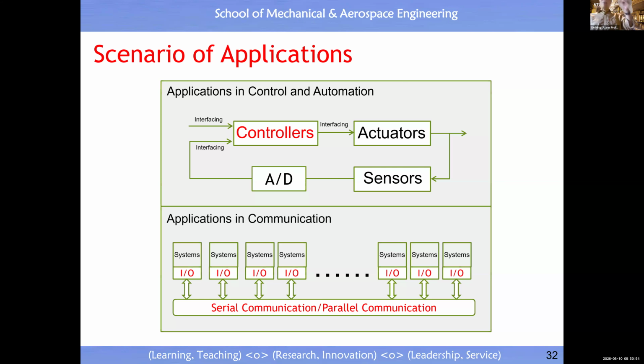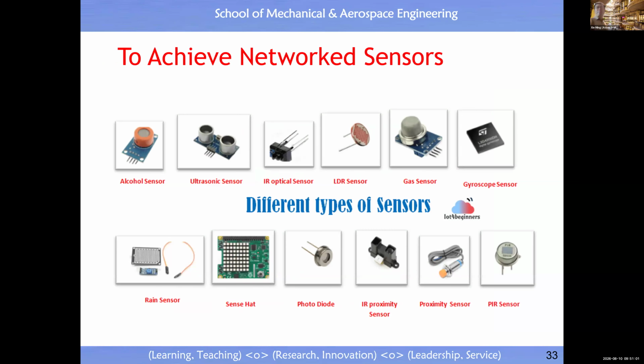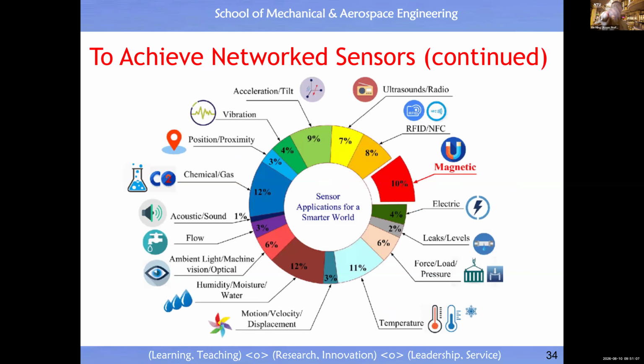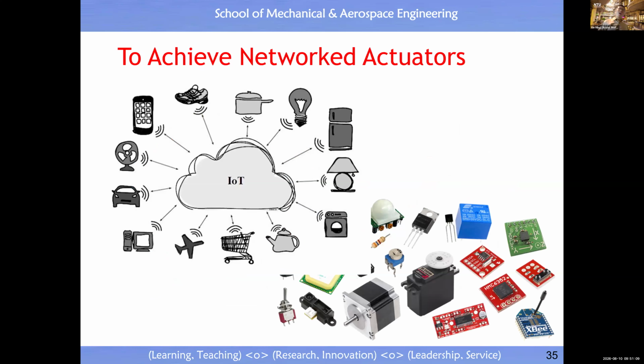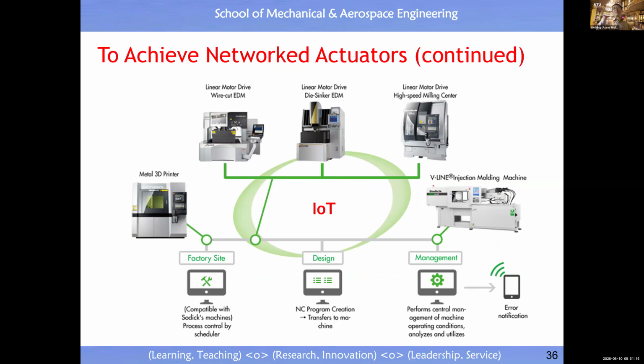Microcontroller is one of the three basic devices inside any IoT, right? Then for us to achieve a network sensor, we need a microcontroller. Then we have a lot of network sensors. For us to achieve a network actuator, you also need a microcontroller, right? We have a lot of microcontrollers.